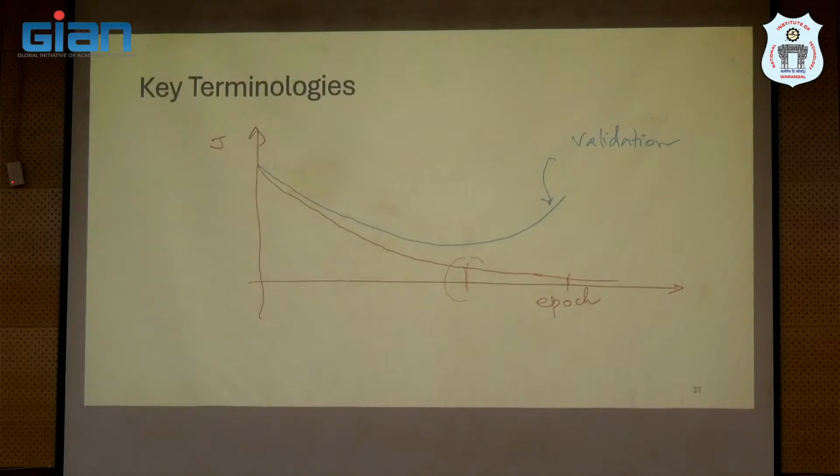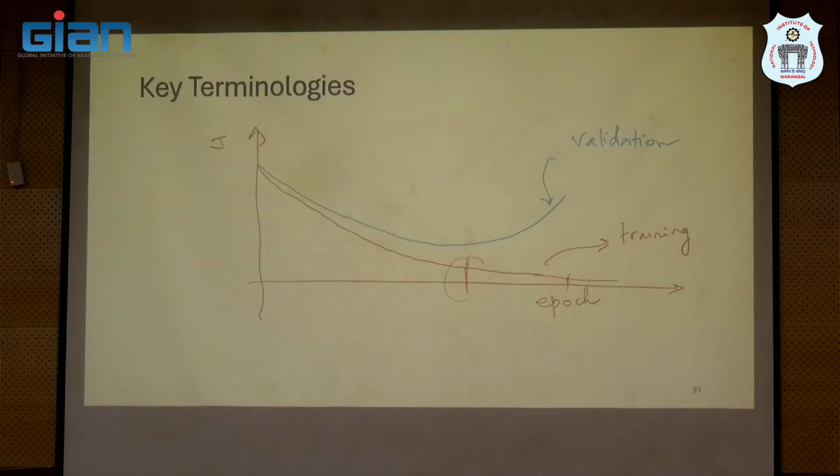Whereas this one, the red color line, corresponds to the training set. So if you have 1 lakh data points, 80% of it will be used for training and 20% will be used as a validation set. Using the training, you will extract the weights, that is the model.